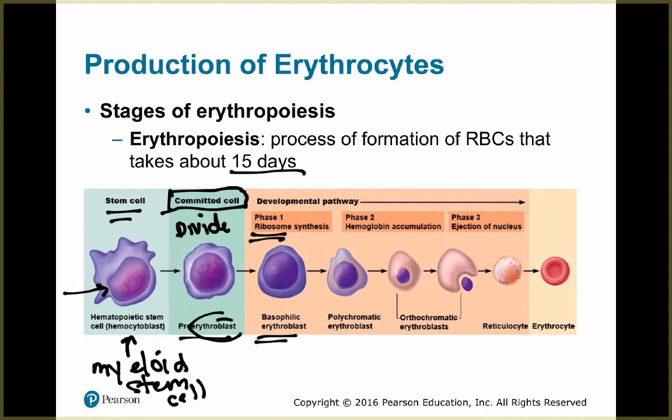Now, these guys are very blue in nature because of the ribosomes. As you can tell, as they're going through here, they're starting to change color a little bit. And at this polychromatic erythroblast stage, you'll notice that it's starting to turn a little bit more red.